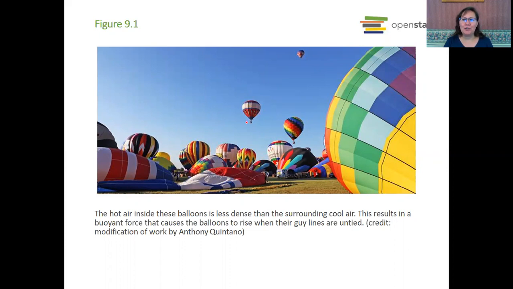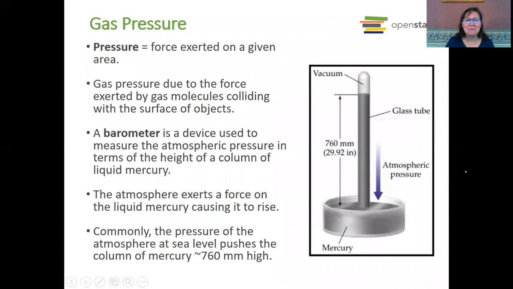As the temperature increases, because the pressure inside the balloon is exactly the same as the atmosphere, the volume increases, but it changes the density a little bit. So basically the air inside the balloon has less mass, and so it's able to rise up above, and it's very fun.